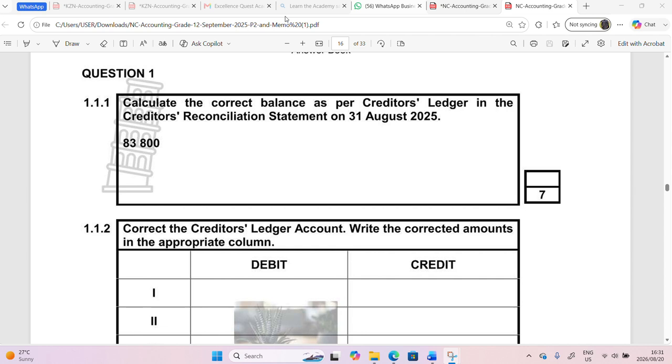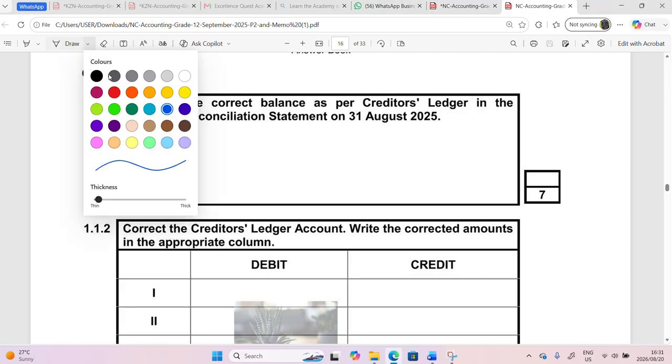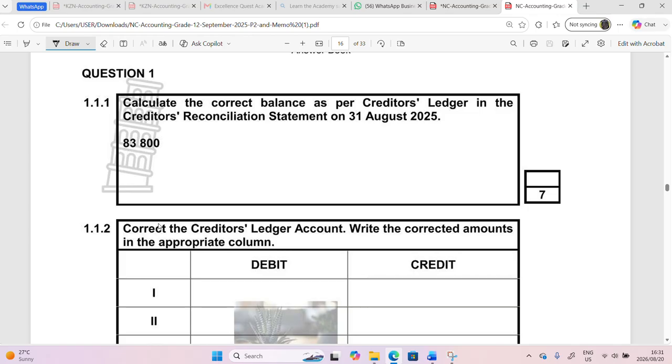Before we continue, I want you to note two important things. When you are doing the creditors reconciliation statement, you need to make adjustments on the creditors ledger, which is prepared by the business, on 1.2, the business.